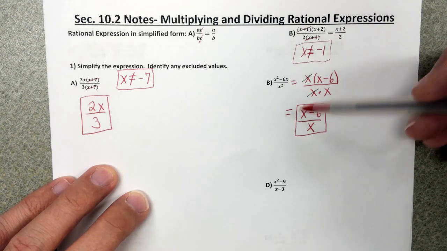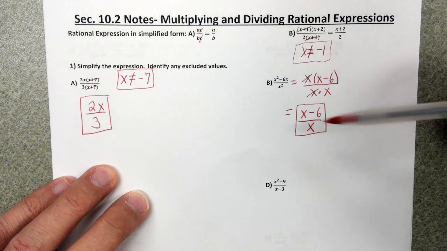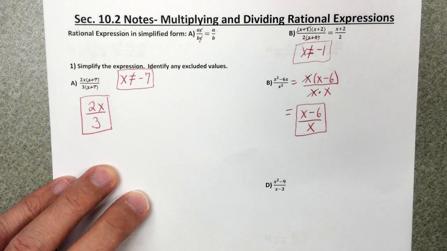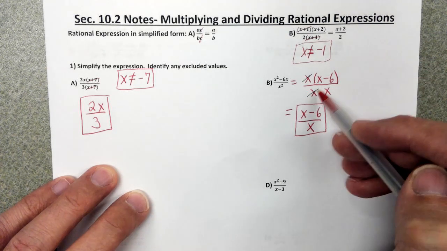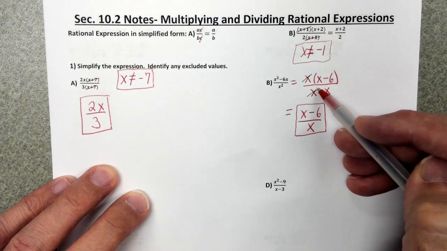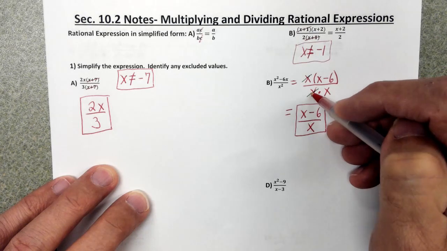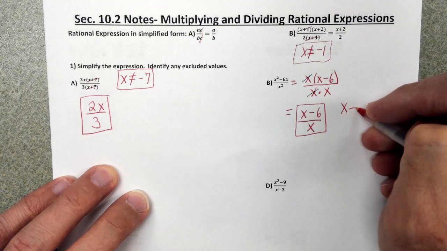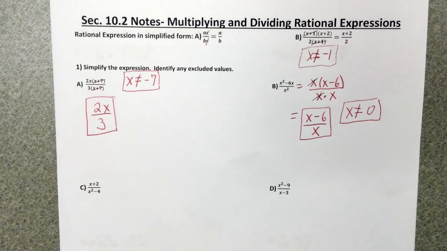The common mistake that students make is to try to cancel these x's, but this x is not a standalone x because it is attached to that 6, making it a binomial. And on our excluded values, the only thing that would make our denominator 0 is if that x was 0, because 0 times anything would be 0, so the only excluded value is 0. And that is how we would simplify and get our excluded values on this one.